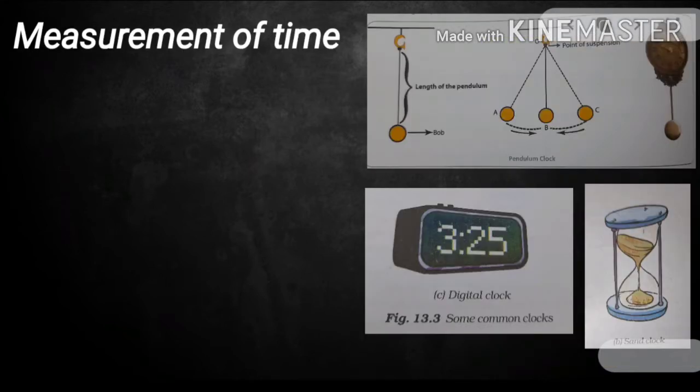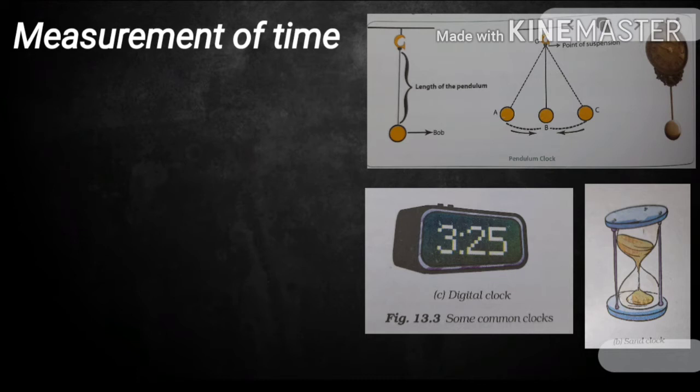Now let's learn about measurement of time. The most important thing is to know how time is measured. In earlier times, people used the events or phenomena which repeated regularly to measure time. For example, the time interval between sunrise and sunset, from one full moon to another full moon, from one season to another season.